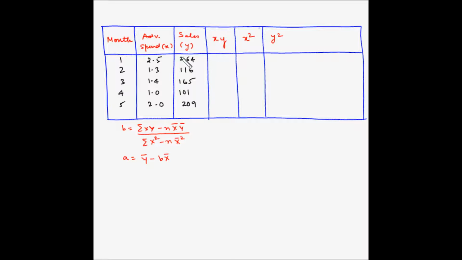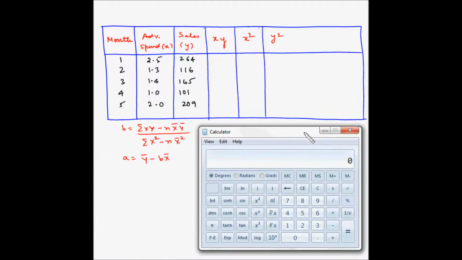For the first one, 2.5 multiplied by 264. Let me pull my calculator here. So 2.5 multiplied by 264 is 660. Next is 1.3 multiplied by 116, which is 150.8.